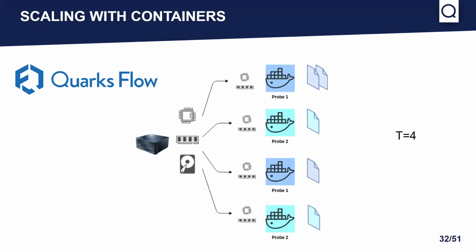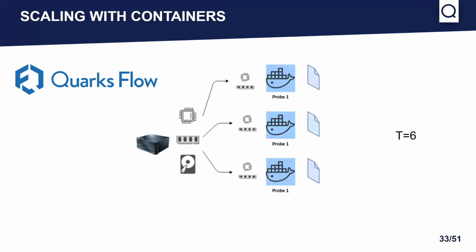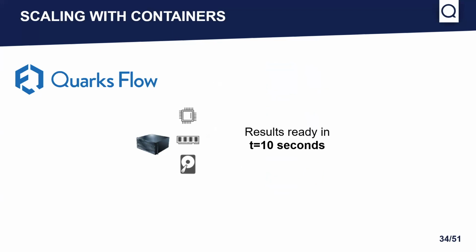Meaning a second container for probe 2 will be spawned, and a second container for probe 1 will be spawned. After 6 seconds, we have processed almost all the probe 2 queue, probe 3, and probe 4 queue. We only have probe 1 left, and we could spend all the resources on this slow probe, meaning we could have all the results ready after 10 seconds.